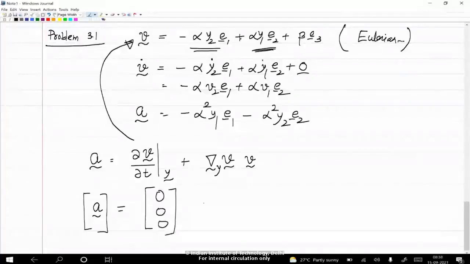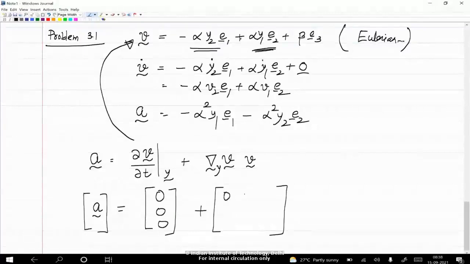What about the other one, the convective part? For that, you have to get the gradient of velocity with respect to y. So what will that matrix be equal to? Here you have first del v1 by del y1. Del v1 is simply minus alpha times y2, and it depends on just y2.